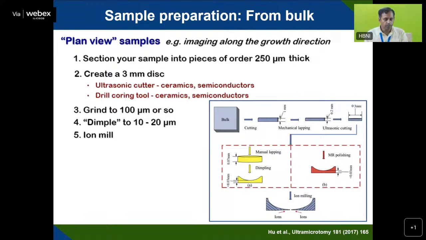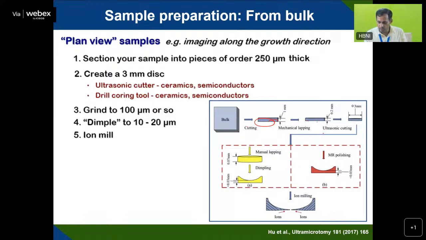For example, for a bulk sample, preparing a thin film: for a metallic sample, you want to see a metallographic structure where, for example, carbonization or nitridation has happened, or some other intermediate phase is there. To identify that from bulk, you have to cut a small piece, then do mechanical lapping, and then ultrasonic cutting so that you get small slices, like 0.07 mm in length.